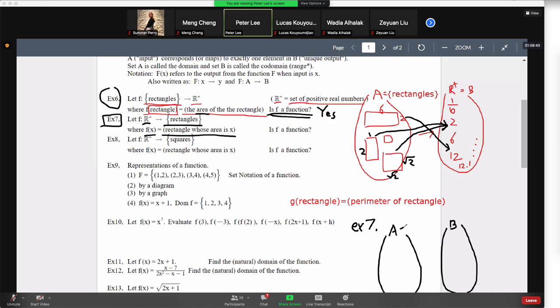So A in this case is R plus, the positive real numbers, all the numbers bigger than 0. R plus in interval notation is all the numbers from 0 to infinity. That is the interval notation. Or we can say all the x where x is positive.